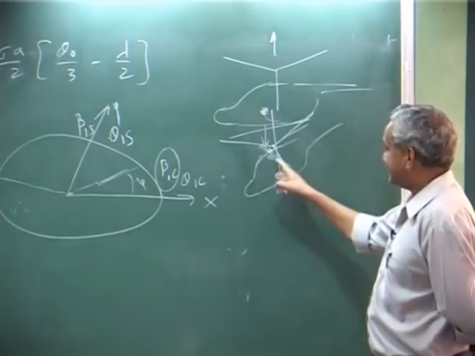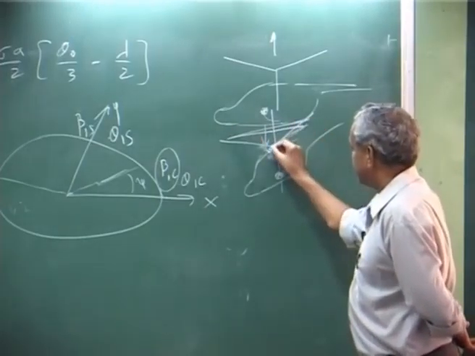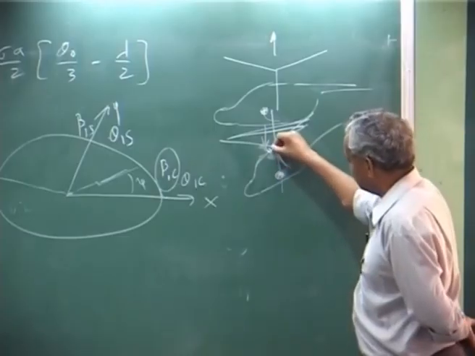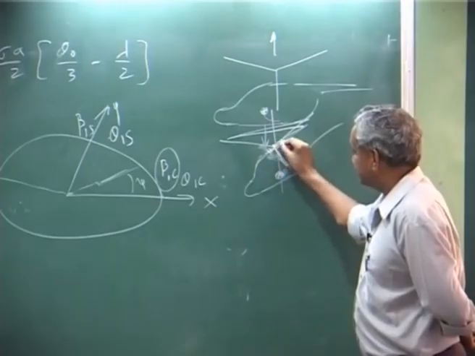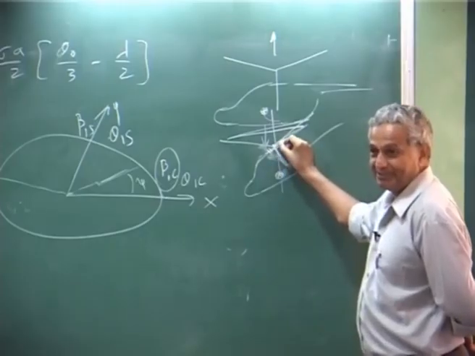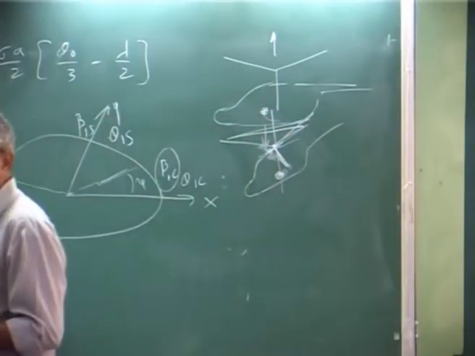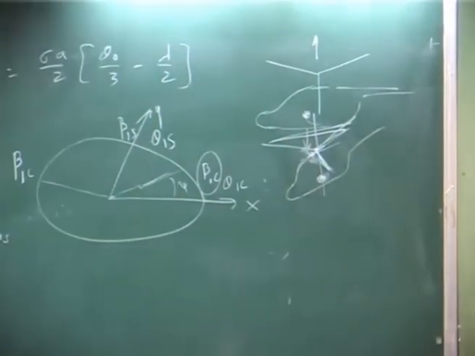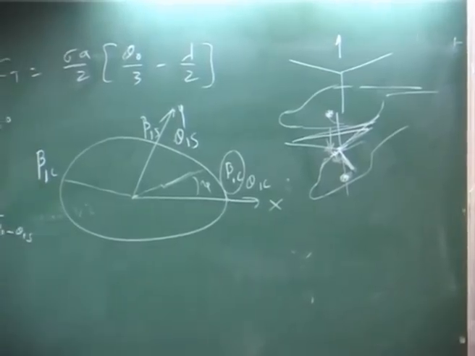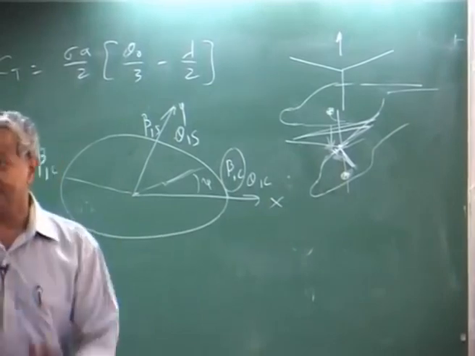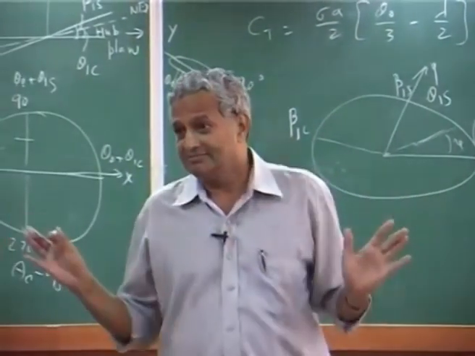Okay. CG is here. Tip path plane is horizontal. Shaft is tilted here. That means hub plane is like this. Okay, which means I have to give a cyclic input depending on the CG location. Okay, that is what happens usually, because depending on the CG location he has to give a cyclic, very little. If it is right on shaft, no problem.